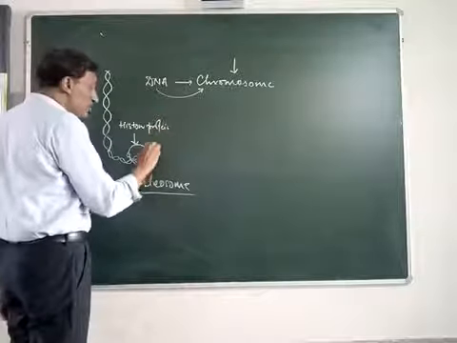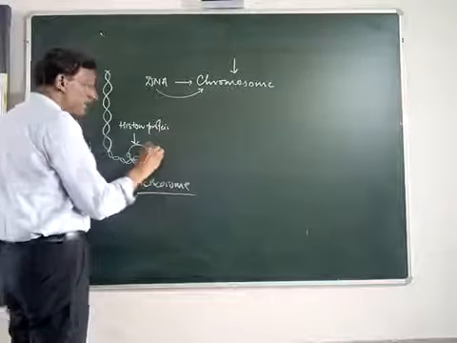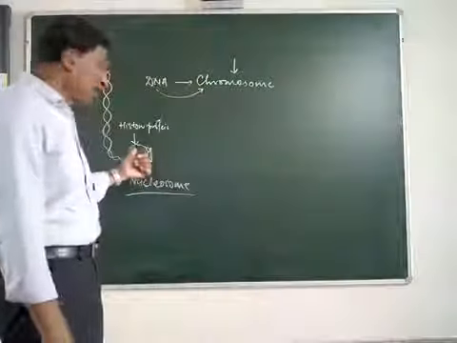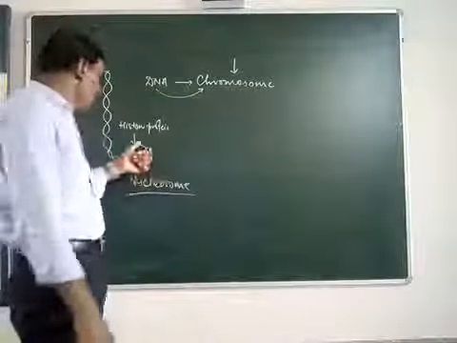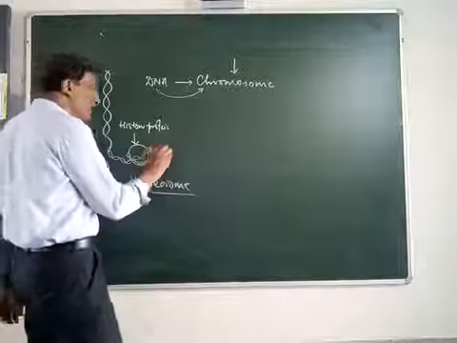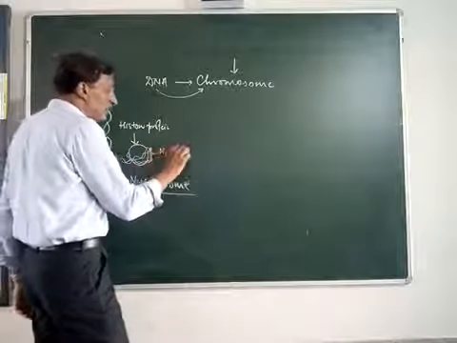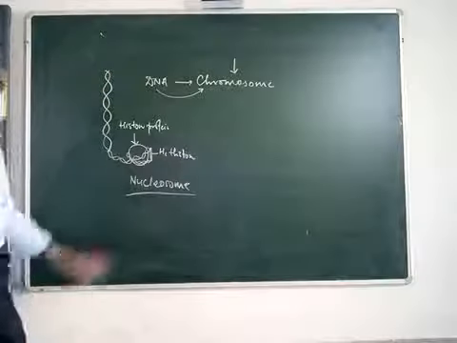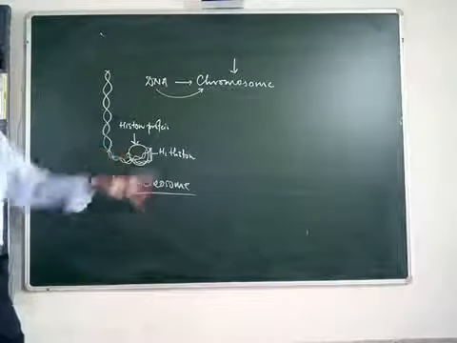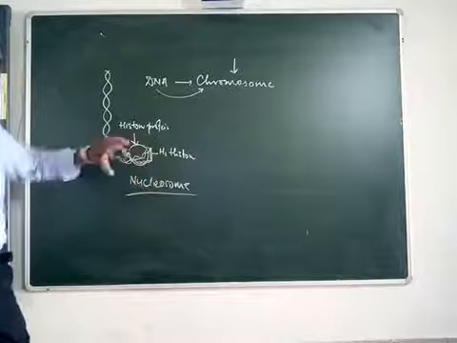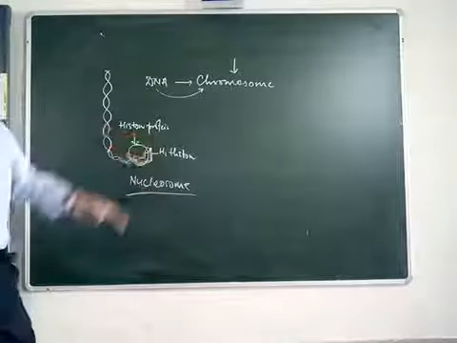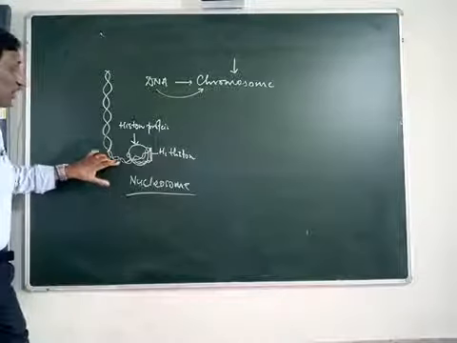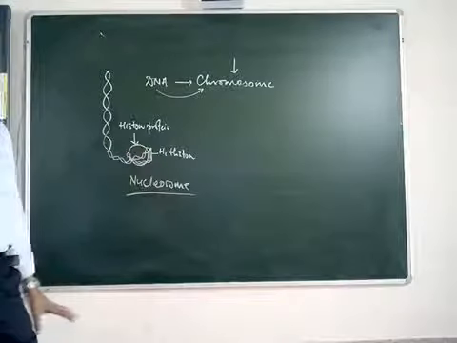And then it is locked by another protein, that is the histone octamer, and this is the H1 histone. So these two protein molecules will encircle the DNA molecule around them, and the negative charge on the DNA is neutralized.